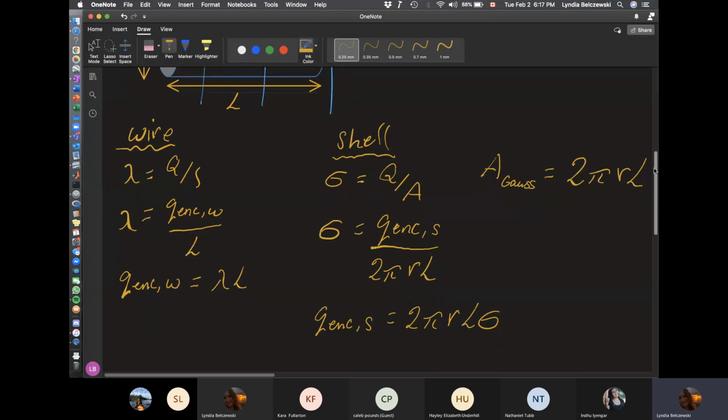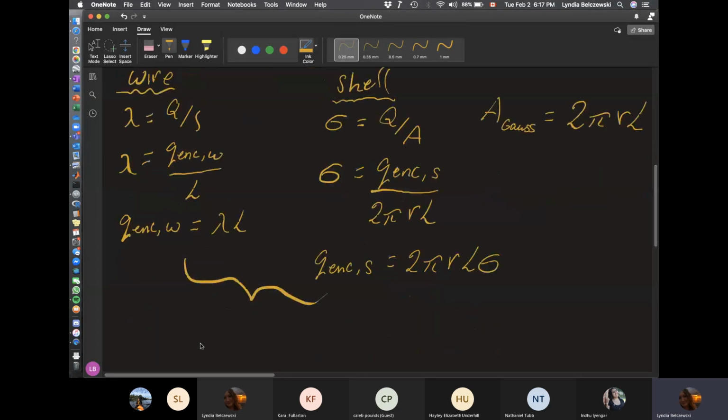So we can combine these together and say that the total charge enclosed is equal to lambda L plus 2 pi r L sigma. Okay, and so there is the total charge enclosed by our cylindrical shell.